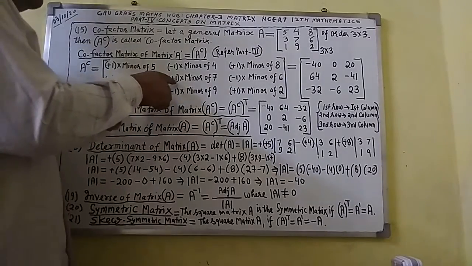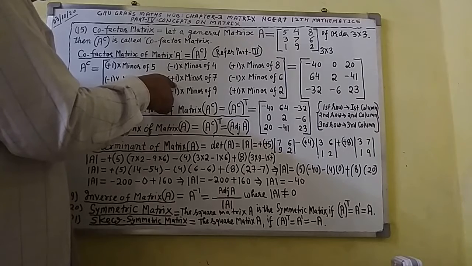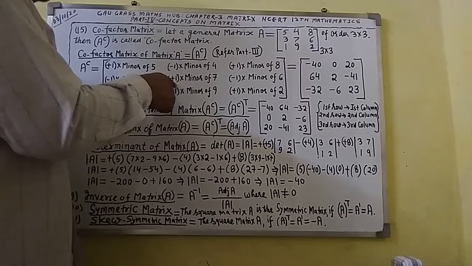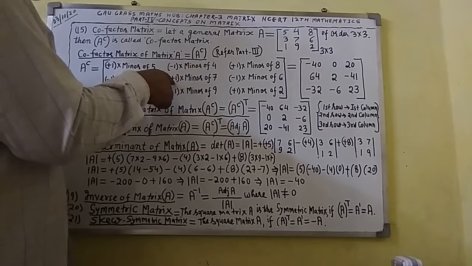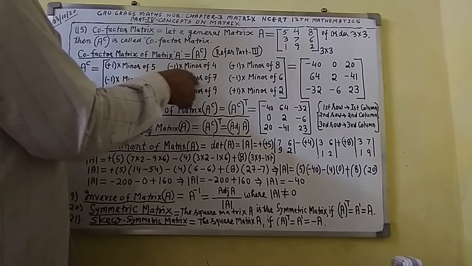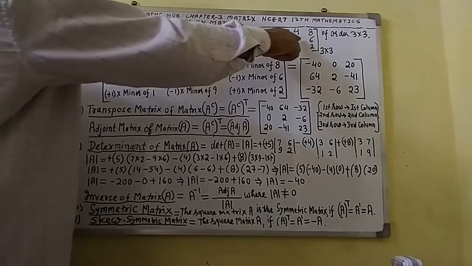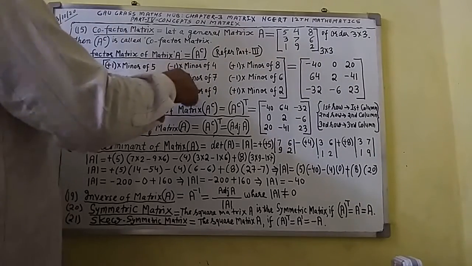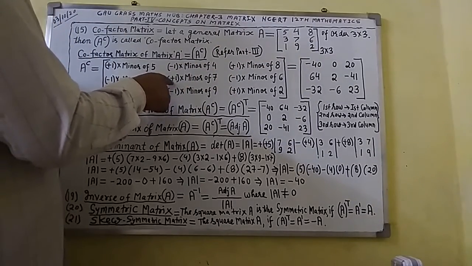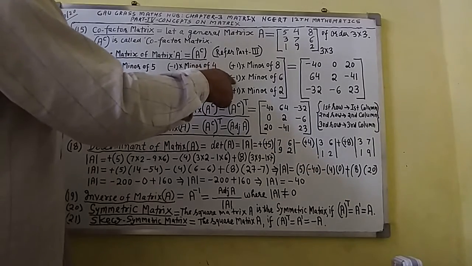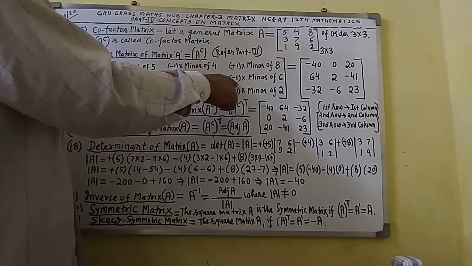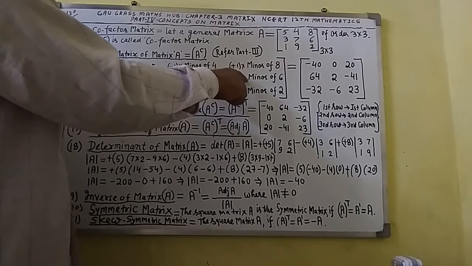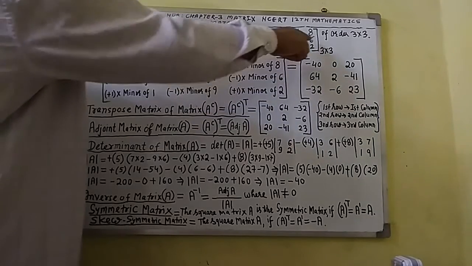Here plus 1 will be written. We shall not write only 1. We shall write plus 1 into minor of element 7. This is element 7. The minor of element 7 will multiply to plus 1. And here you can see minus 1. Minus 1 here is a constant, will multiply to minor of element 6. This is element 6.